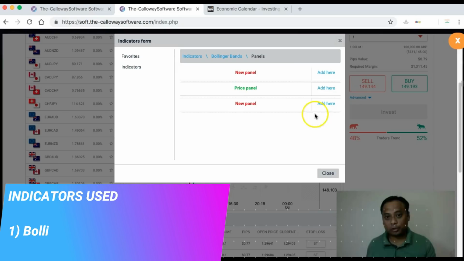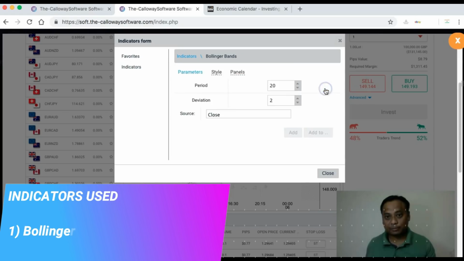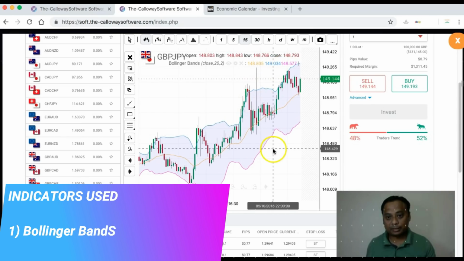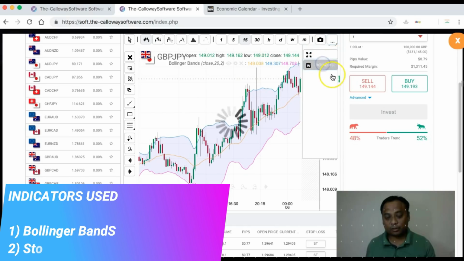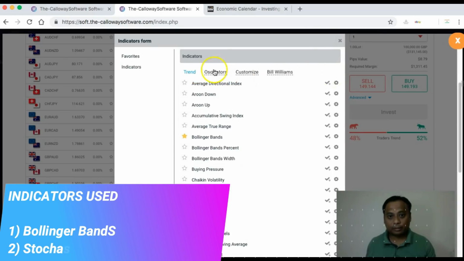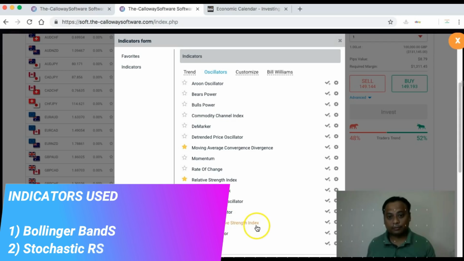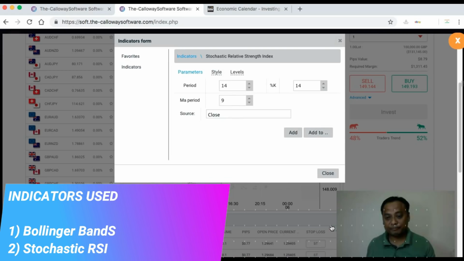Okay, don't go for a new panel. Go to the price panel and you are done. Your Bollinger Bands have been attached. Okay, second, I'll go for the indicator where I can find the stochastic relative strength index. I click it here.